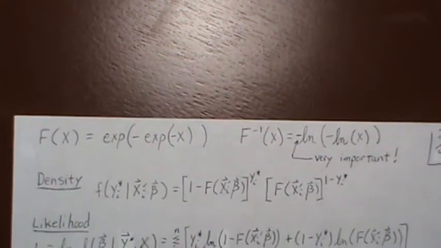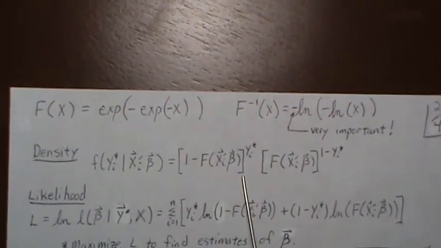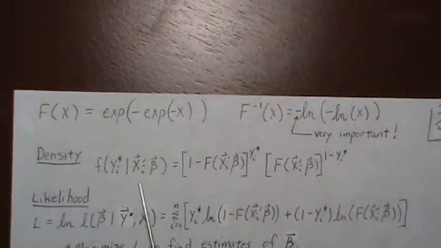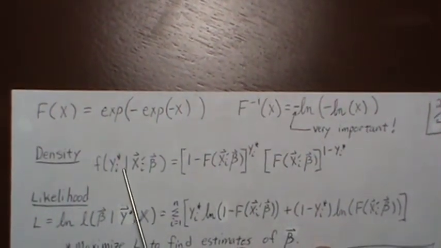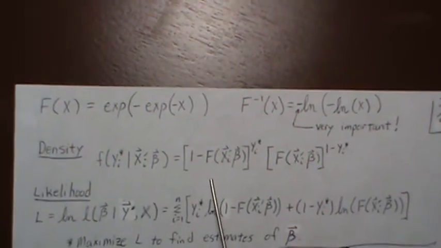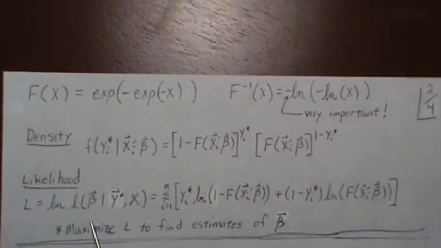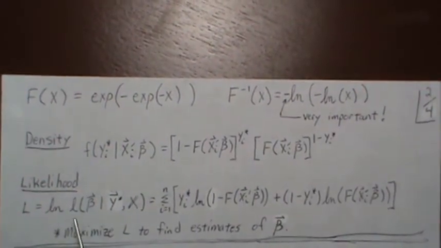Now, this density is like the likelihood, but we switch the y and the beta, and we're just thinking about it differently. But this is for one y, so the joint would be the product of all these, and then the log likelihood. We're skipping a few steps because I think if you made it this far, you understand that.